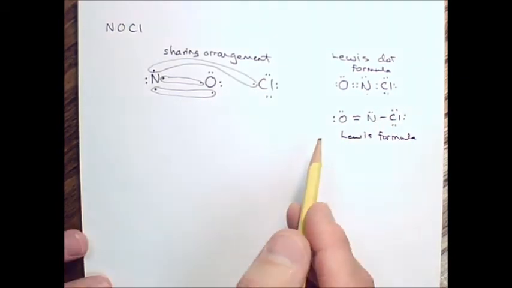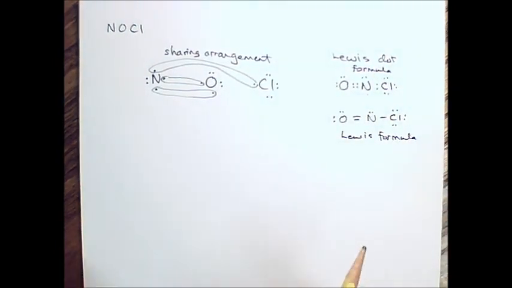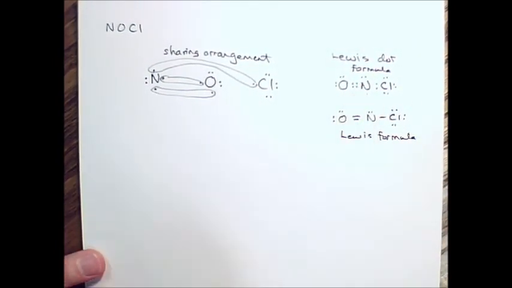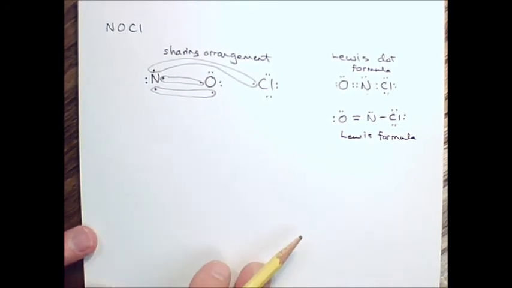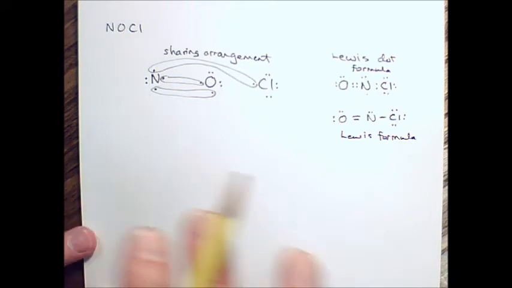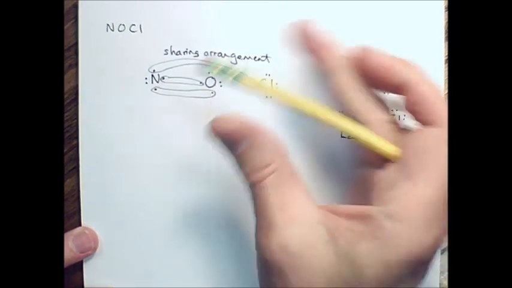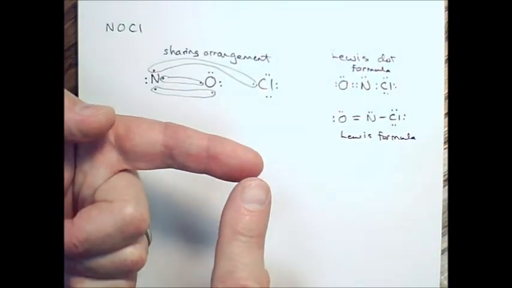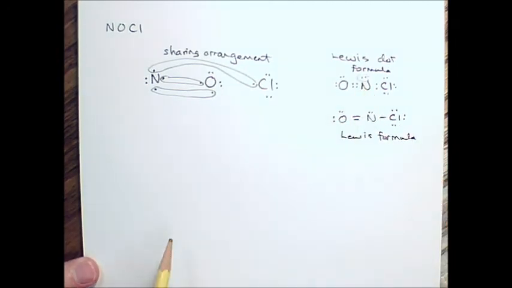All right. So what we want to do here is just count the sets of electrons around the central atom. This is how we're going to figure out the shape of the molecule. I'm going to do that first, then we'll come back and figure out what the bonds actually look like. So the sets of electrons are one of two things. They're either lone pairs. On this nitrogen, I have one lone pair. That's a set.